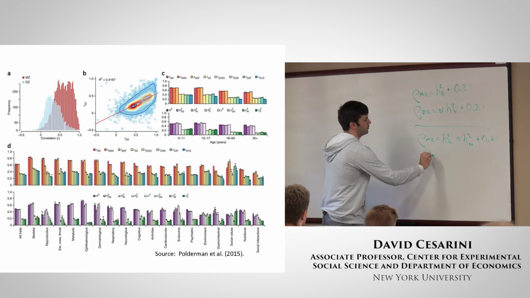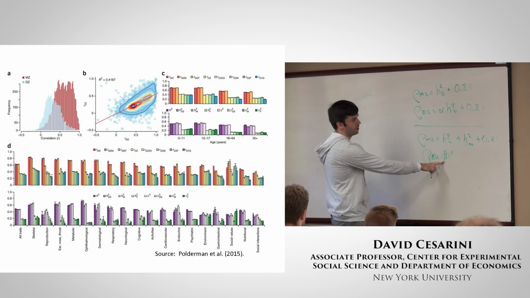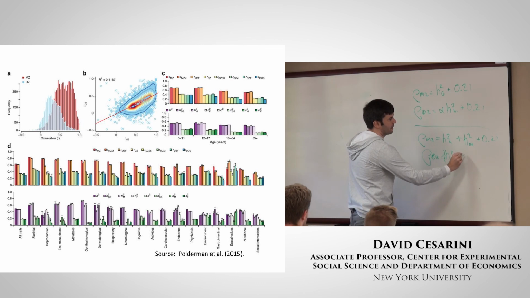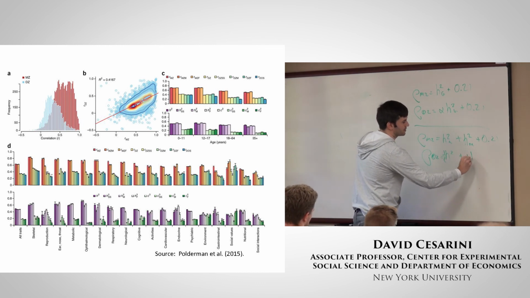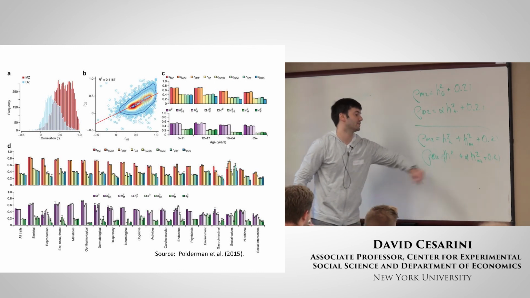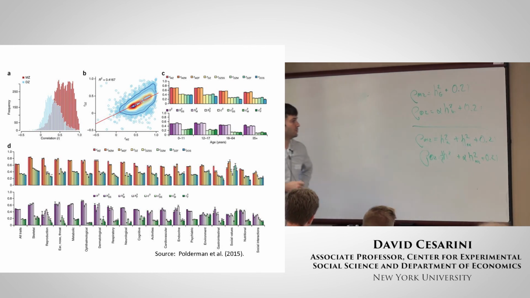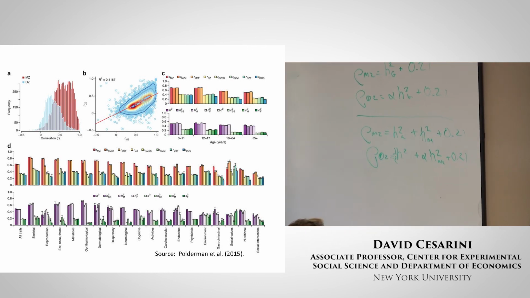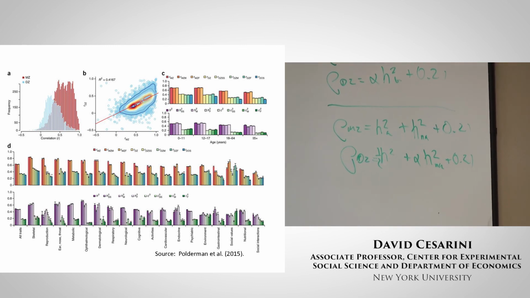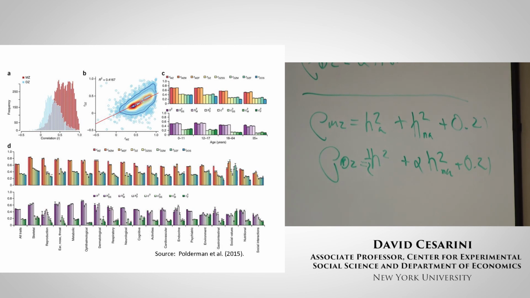I'm going to do the same thing for DZ twins, but I'm going to fix this parameter at a half, so sort of maintaining the assumption of random mating, and then I'm going to estimate some resemblance for this non-additive component among DZ twins. And that parameter would tell you something about the mix of dominance and epistasis, the extent to which those two things contribute to overall phenotypic variance.